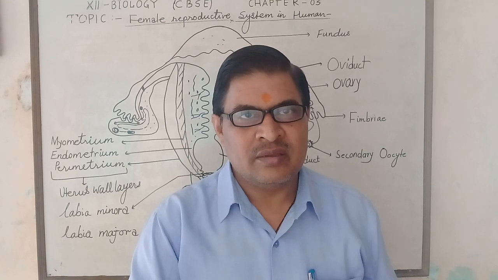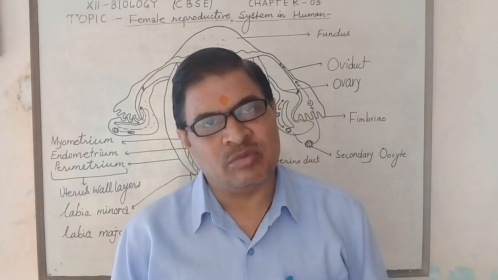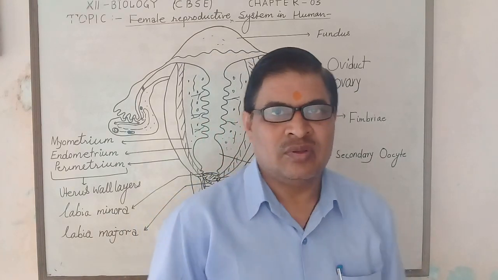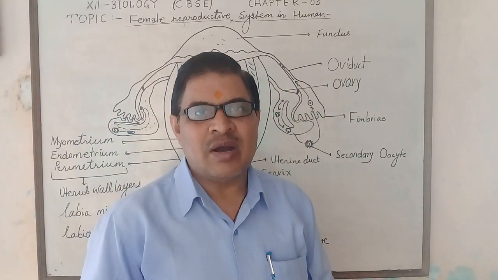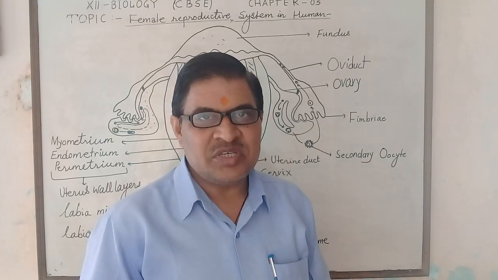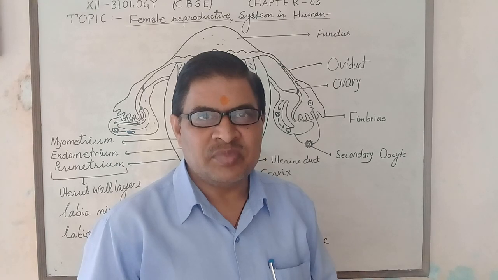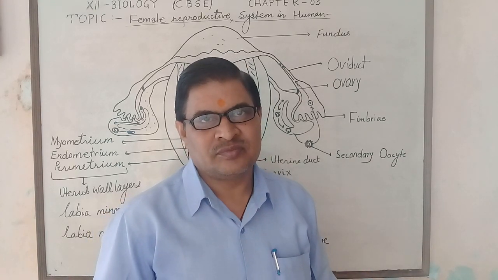In the male it is the testis and in the female it is the ovary. So today I will tell you about the different structures which form the female reproductive system.